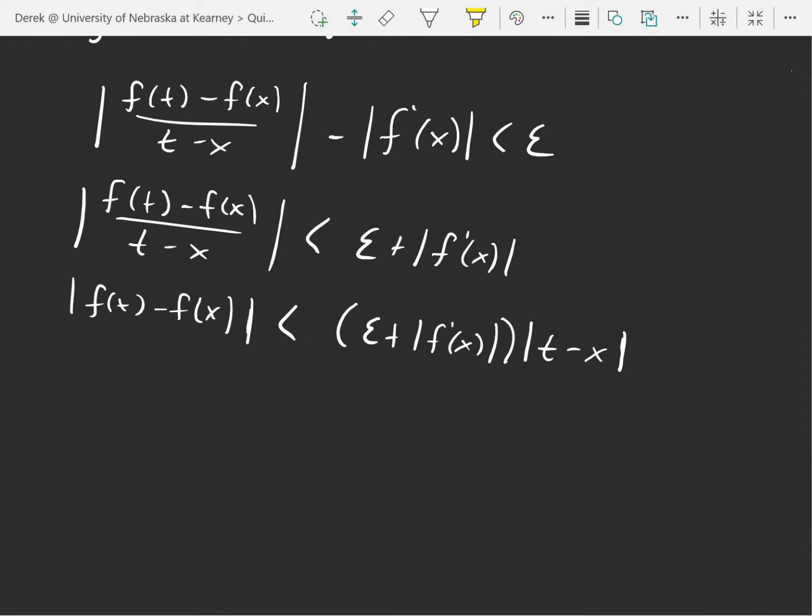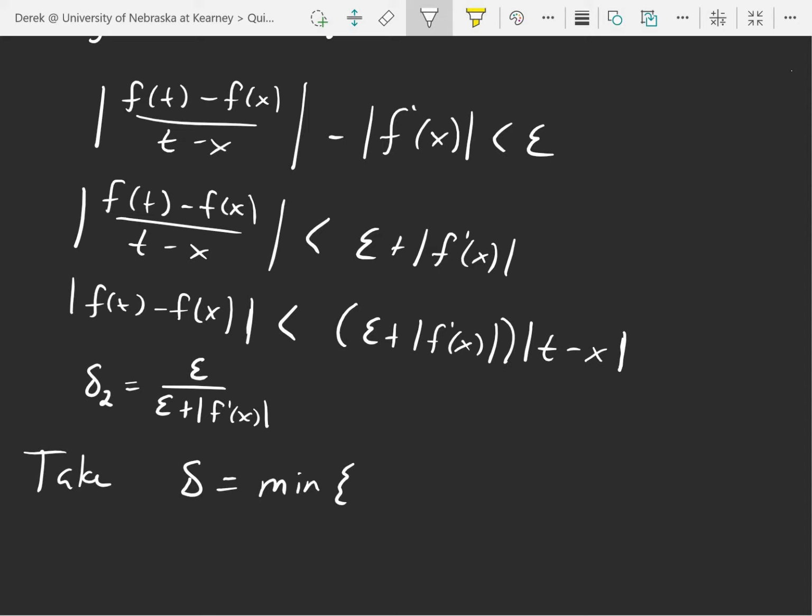Okay, so we're going to take delta 2 to equal epsilon divided by epsilon plus the absolute value of f'(x). If we take something smaller than this, then the right hand side would be less than epsilon in this equation. So we're going to take delta equal to the minimum of delta 1 and delta 2.